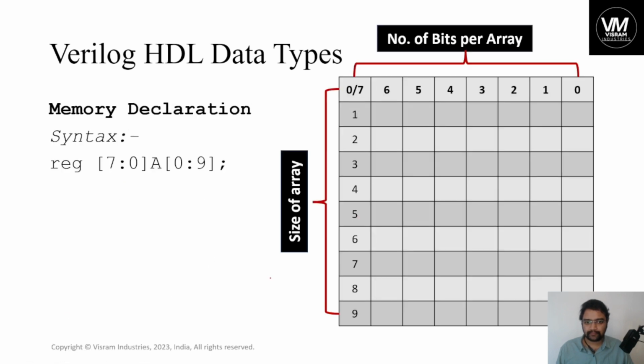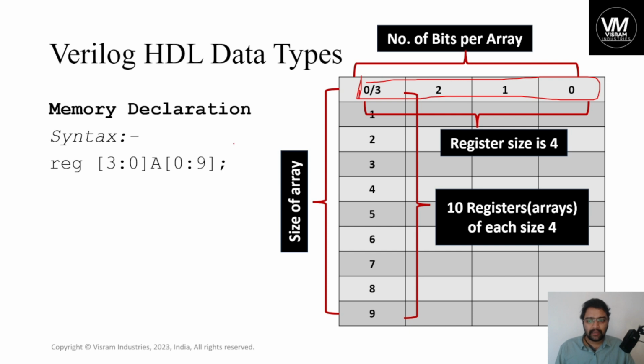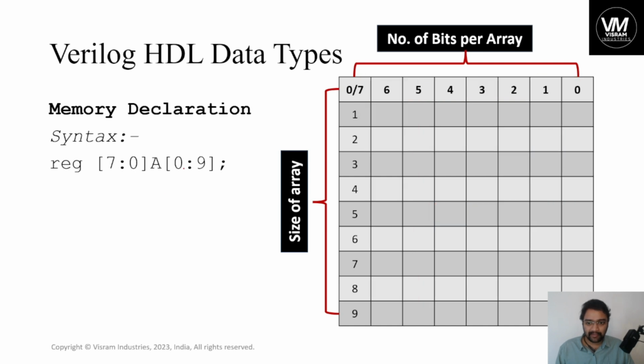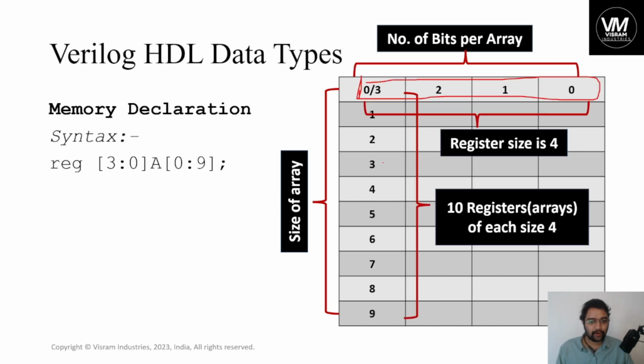And now this is the 10 registers. Here again, registers are arrays. I have just declared another example like 8 bit. Now we have 4 bit. So arrays are registers here, just to make you understand.